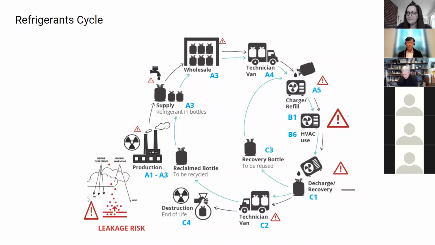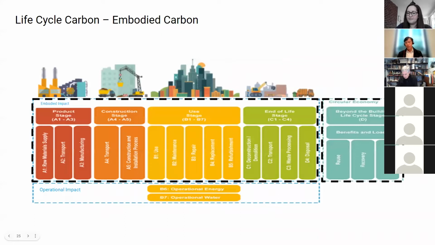Next slide. So we'll touch on two standards here. The first one is EN 15978. Refrigerant actually is part of that A, B, C, D module in EN 15978 or the ISO standards.